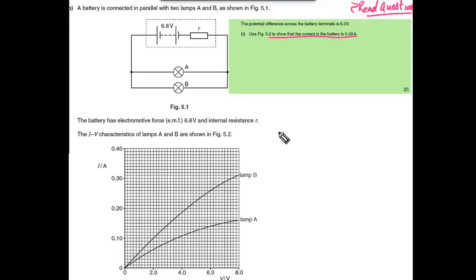Read one more time. The question is asking you to show that, which means your answer must be this one. So this has to be your answer.